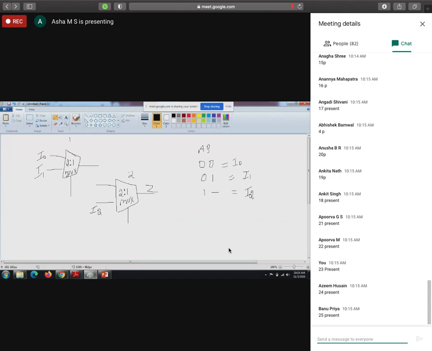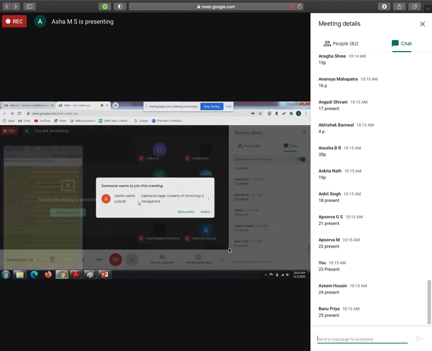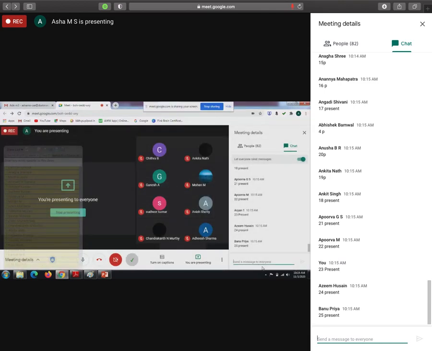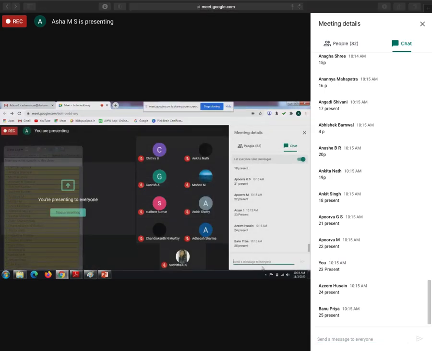So what should be the selection line of multiplexer 1? Should it be A or B?